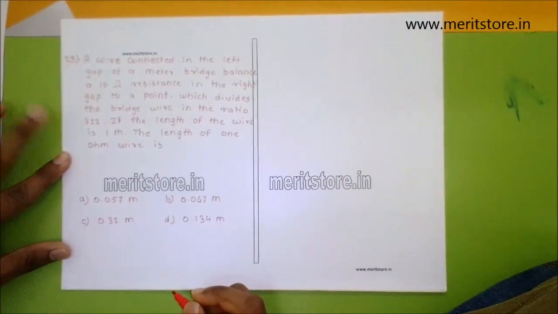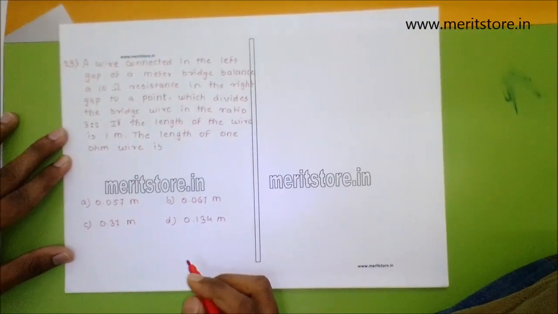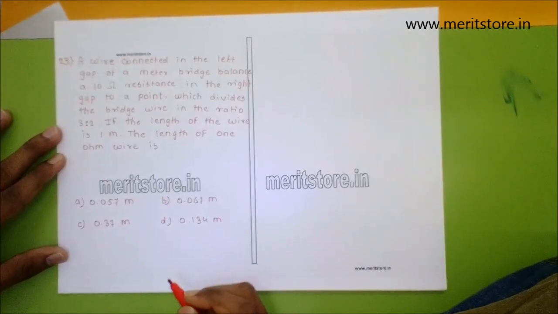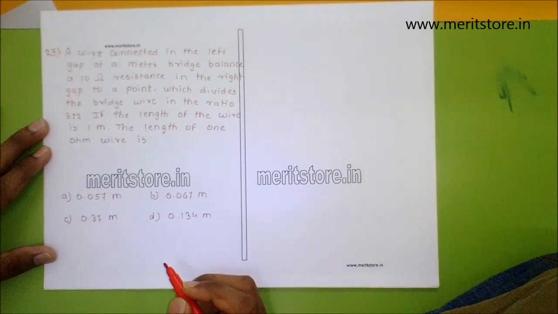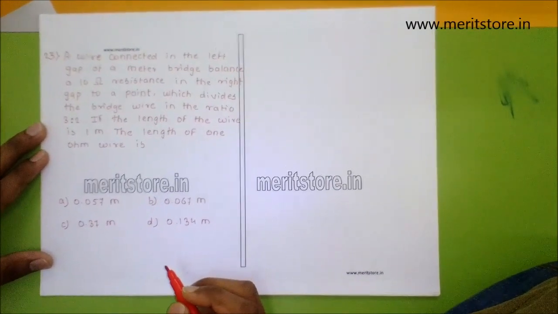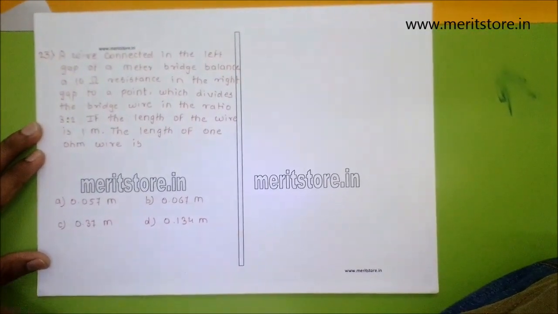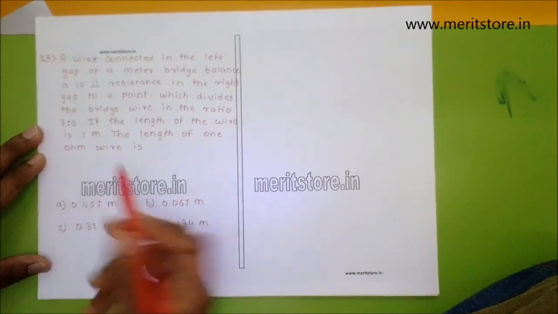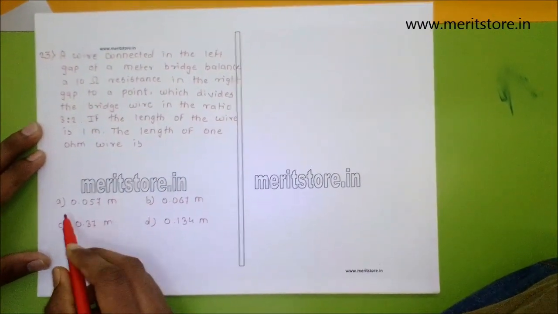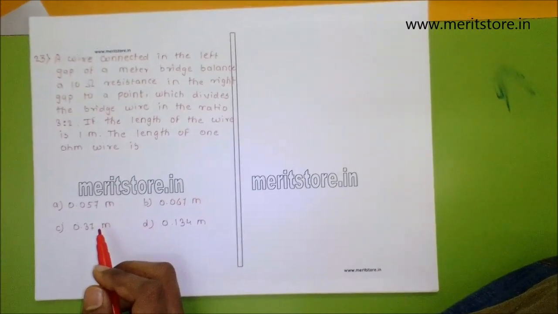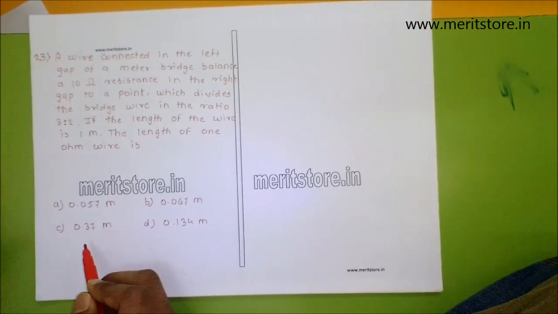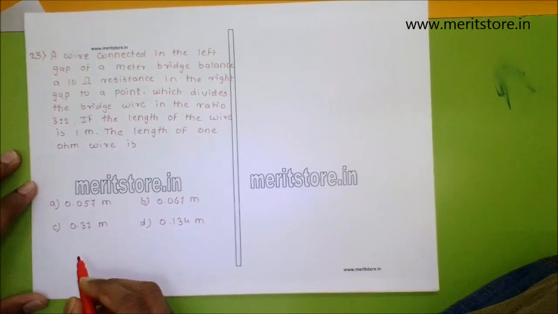A wire connected in the left gap of a meter bridge balances a 10 ohm resistance in the right gap at a point which divides the bridge wire in the ratio 3:2. If the length of the wire is 1 meter, the length of 1 ohm wire is, we have 4 options: 0.057, 0.067, 0.37 and 0.134 meters.